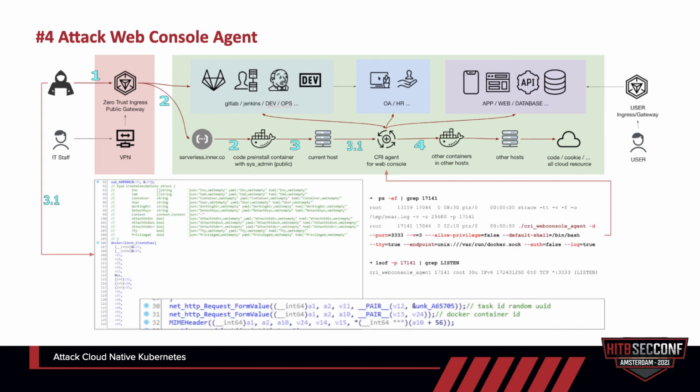Now we can access files and get a shell in the node server of the public container. Great! We know that all agents acting on containers should run on the host, as sidecar containers, or daemon-side containers with privilege.